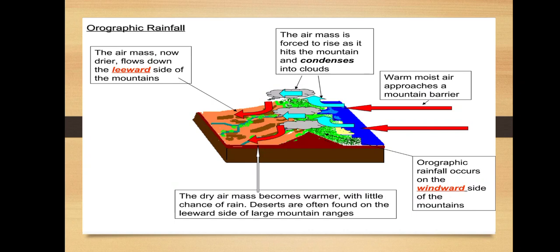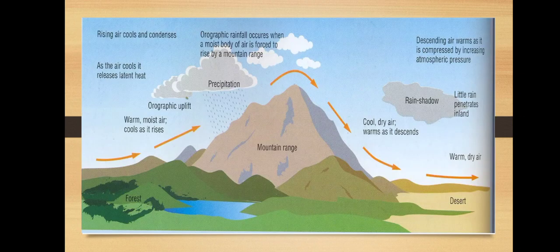Warm moist air approaches a mountain barrier, the light blue. Then the air mass is forced to rise as it hits the mountain and condenses into clouds. As you see below, the dry air mass becomes warmer with little chance of rain. Deserts are often found on the leeward side of large mountain ranges.